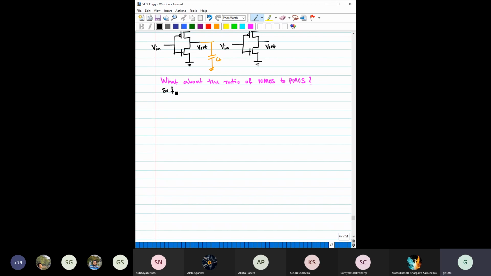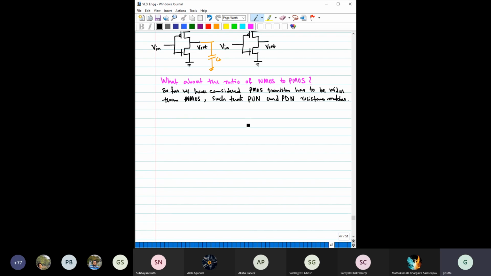So far what we have considered is that the PMOS transistor has to be wider than this NMOS, such that the pull up network and pull down network resistance matches.